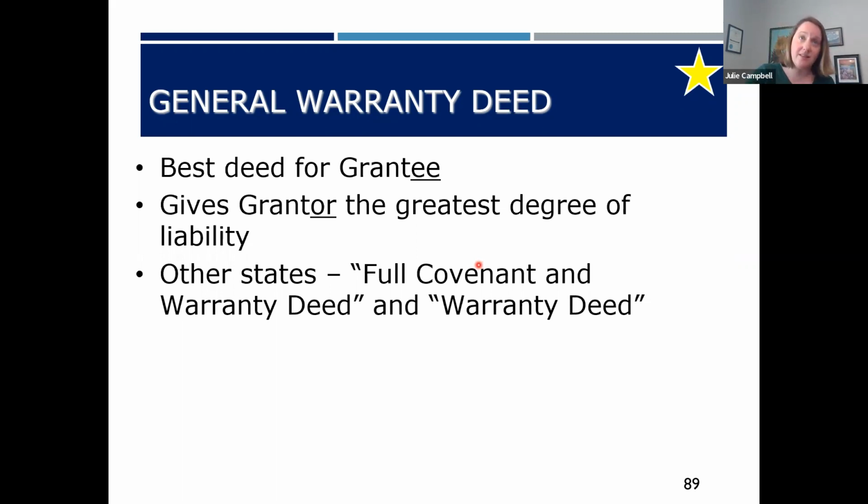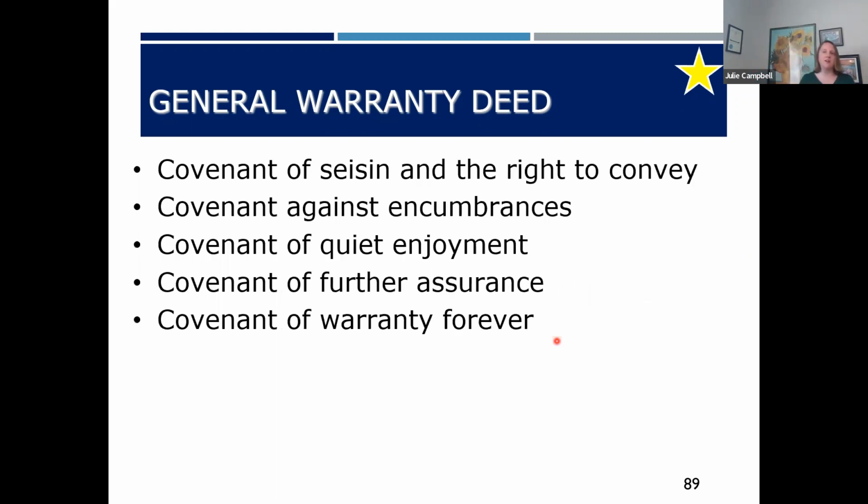So what is it that the seller is giving the buyer, besides handing them a piece of paper? What they're giving him are these various covenants that you see on page 89. The grantor is giving the grantee the covenant of seisin and the right to convey.